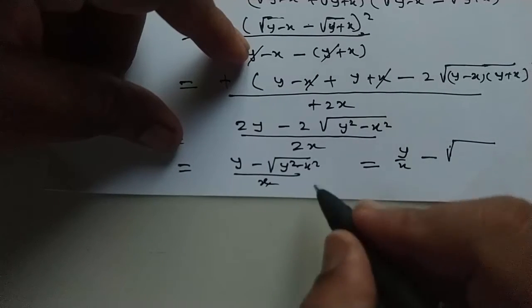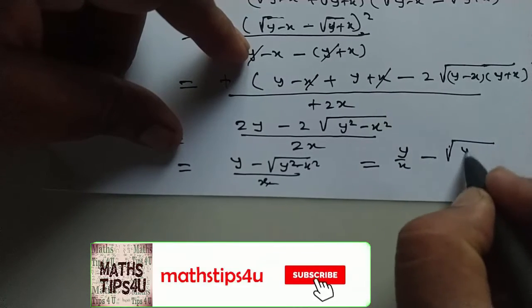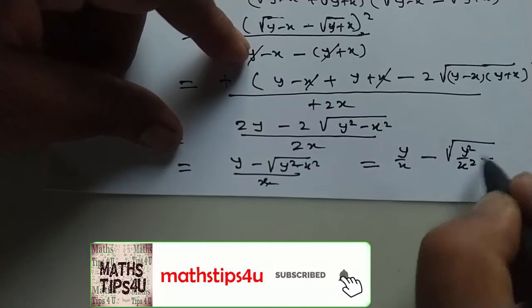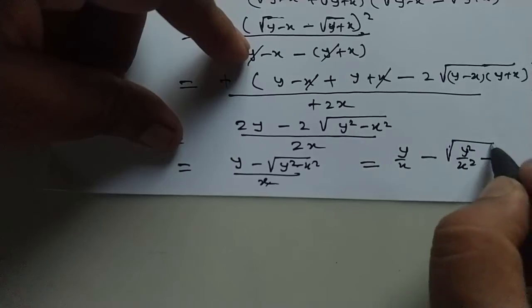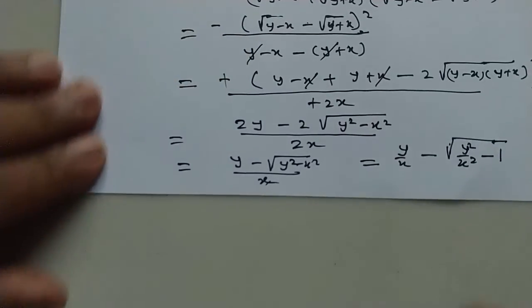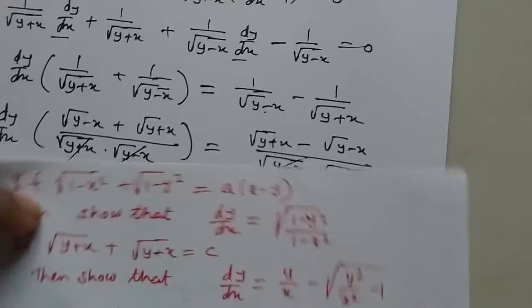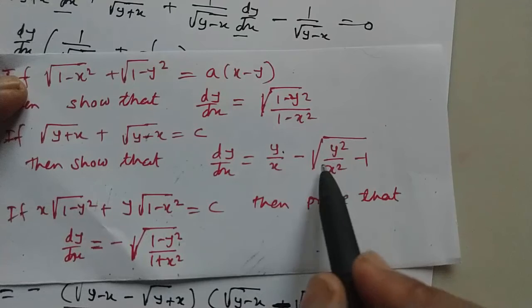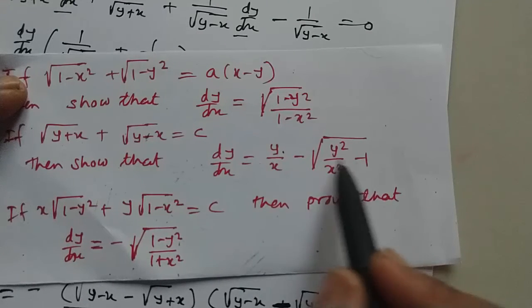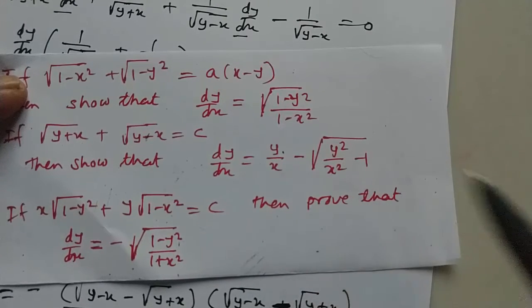If you take under root of x, then it becomes square. Y square upon x square minus x square upon x square is 1, and hence dy by dx is equal to y upon x minus y square upon x square under root of y square minus x square minus 1.